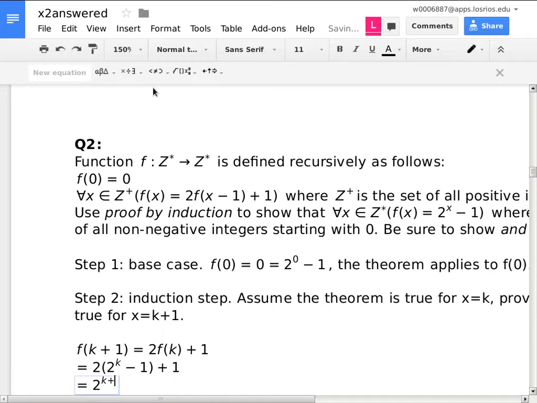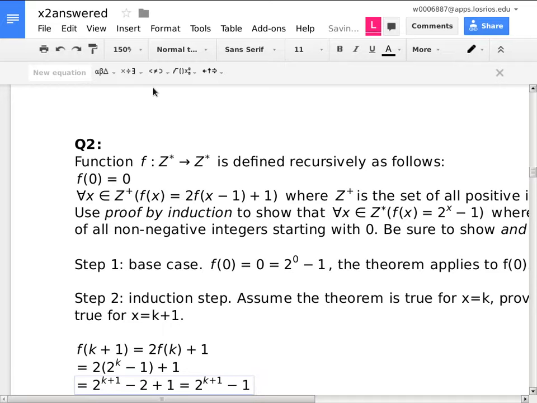Then we have a minus 2 and the plus 1 here, and you can obviously combine the minus 2 plus 1 to just minus 1. So now we end with 2 to the power of k plus 1, minus 1.